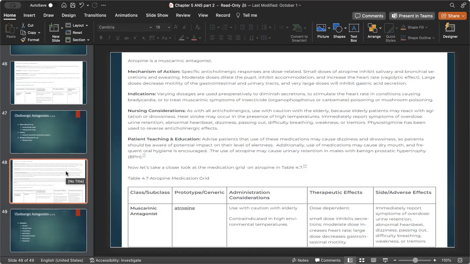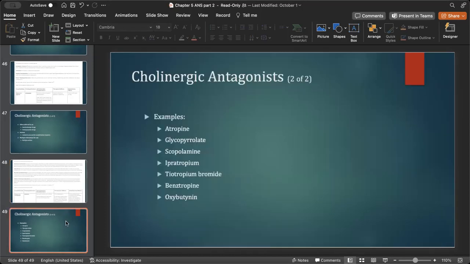Remember, they can cause dry mouth because they cause decreased salivation, or anti-SLUD. And atropine could be used for urinary retention in males with benign prostate hyperplasia, which we saw in those alpha antagonists, because it can help with going to the bathroom. So like I said, knowing a drug and where it works is so important.